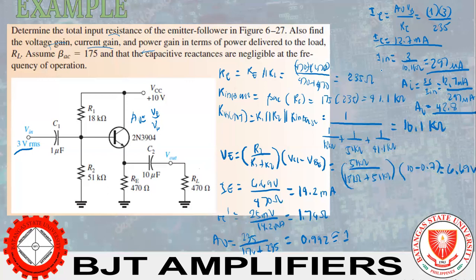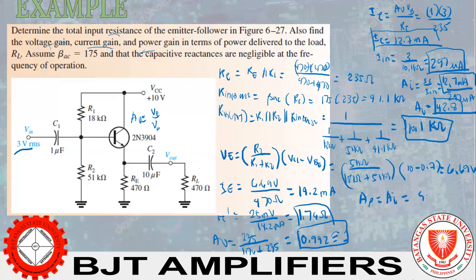Okay, so we have the IE, bilugan na lang natin, box natin. Mahalagang detalye. So, voltage gain which is equal to 1, RE prime. Rn tot 10.0. And the power gain natin is approximately equal to 1, which is 42.8.